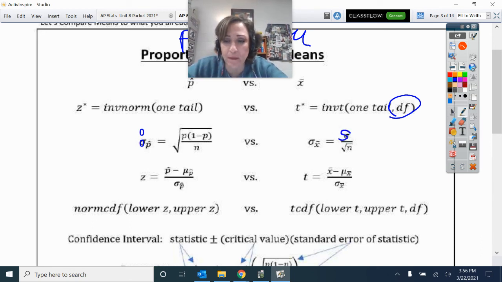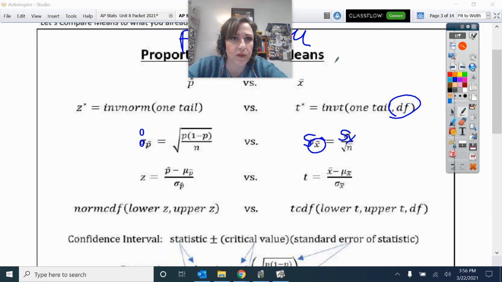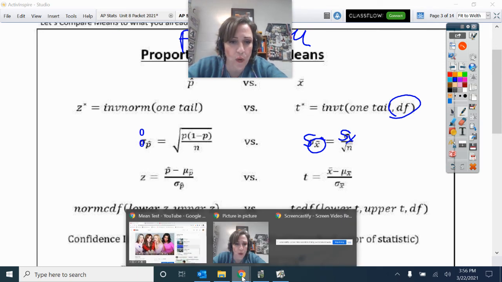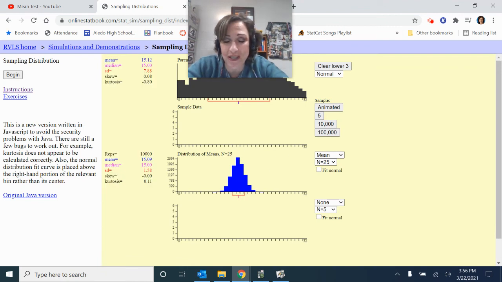So if we were doing a sample standard deviation, we would have the S of X, and we would have the sample standard deviation of the X bars. That's whenever we're doing the sampling distributions. So down here, this blue one, sampling distribution standard deviation.